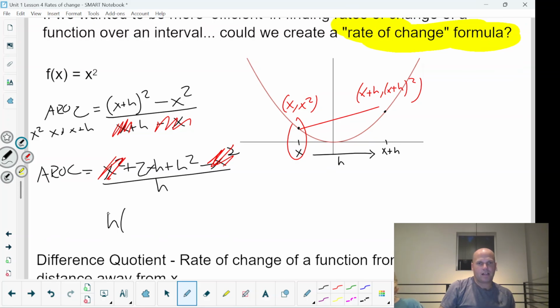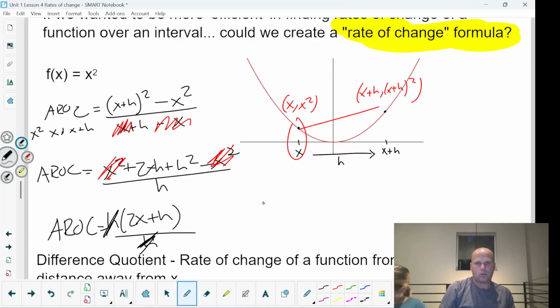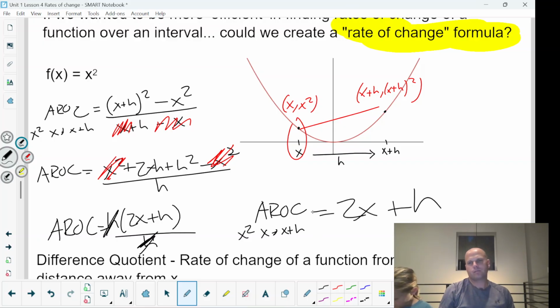I'm going to factor out the h, and then I can divide the top and bottom by h, and I get an equation that's very, very easy to use: the average rate of change of the function x squared from x to a point h distance away from x is just going to be 2x plus h.